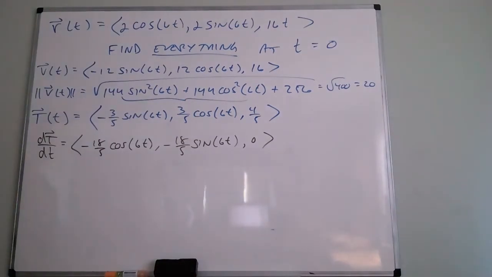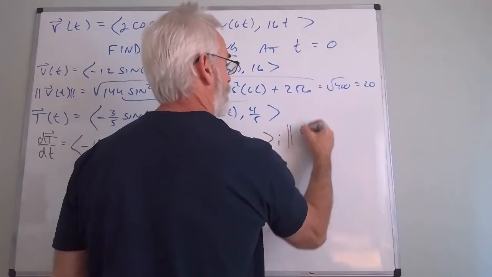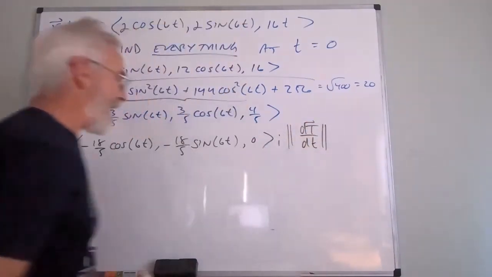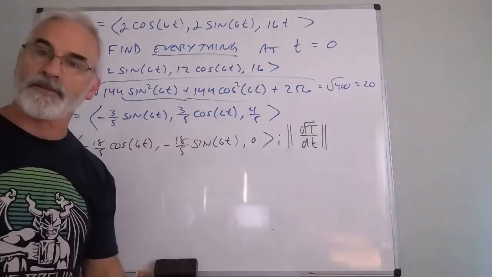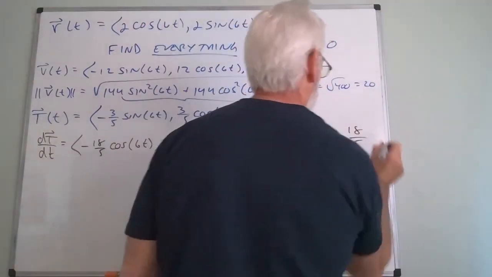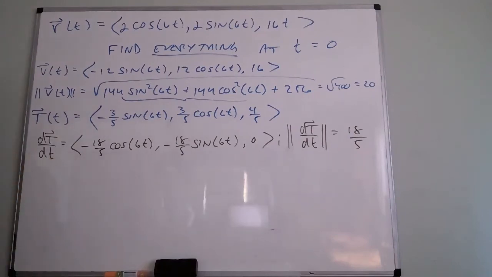That clearly is not a unit vector, but it's also really easy to determine its length. If I factor out the 18/5, then I'd have a cosine and a sine making it a unit vector. So the length is 18/5, not negative 18/5. So this squared plus this squared, square root, or just factor out the 18/5. That's the easier way of doing it.